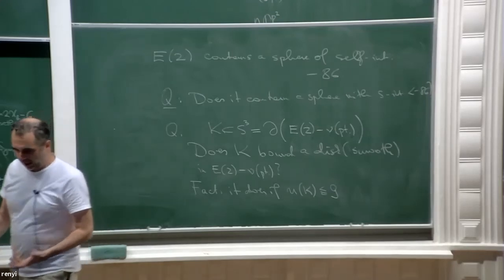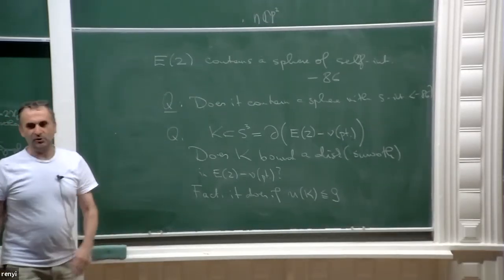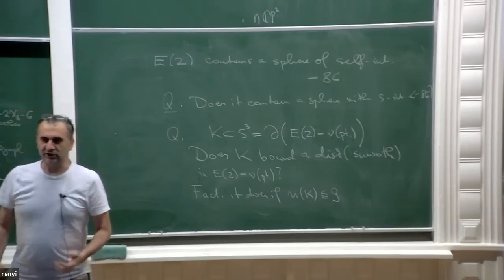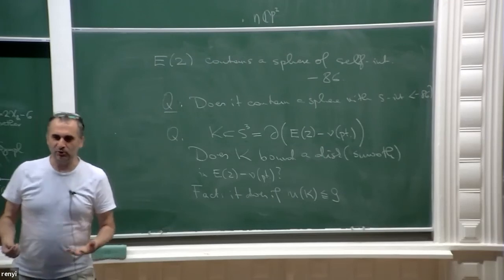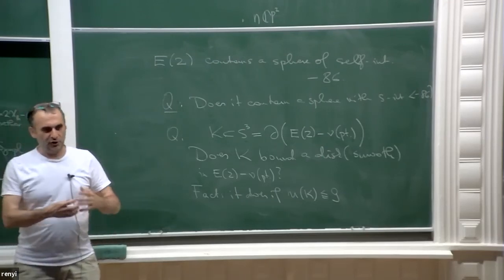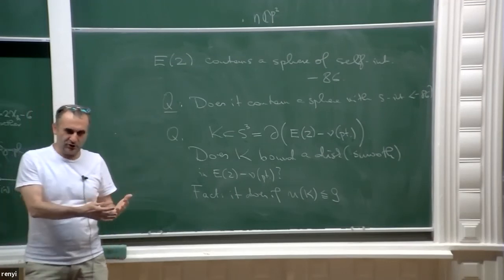So I just wanted to list these problems in this concluding few minutes, just to say that in order to understand 4-manifolds, what you have to do is to sort of open up the hood of the 4-manifold and look into the structure.